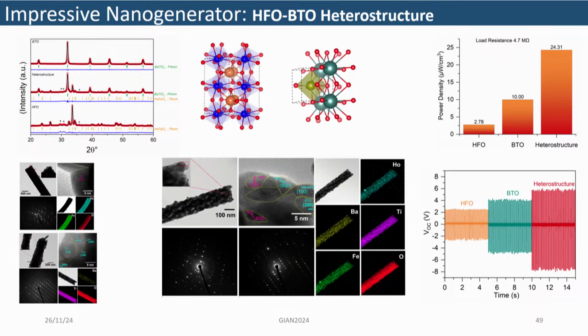We calculated the voltage generated: HFO generates up to 2.5 volt, BTO also generates, but when you combine them the performance is enhanced, and the power density is more than double that of either parent compound.